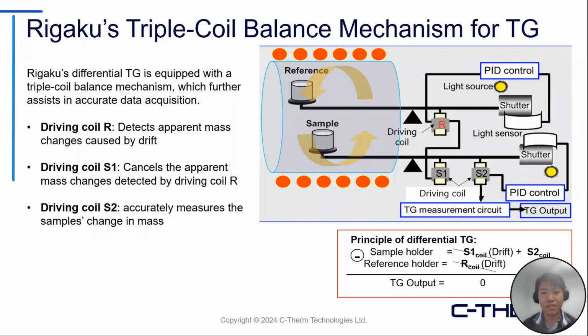So on the reference side, the driving coil R would cancel out any apparent mass changes caused by thermal drift, and the same amount of driving force pulled by the driving coil would be applied to driving coil S1, which essentially cancels out any of the thermal drift that has happened on the reference and the sample side. So driving coil S2 would only detect the mass changes that actually occurred, which allows for much higher precision and accuracy in terms of data acquisition.